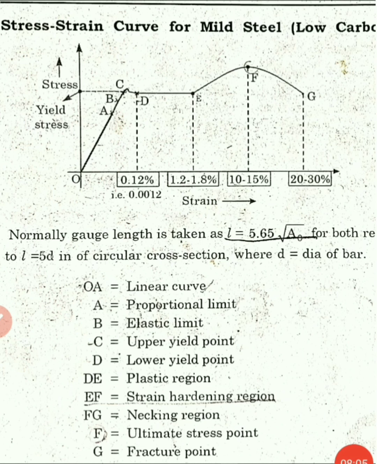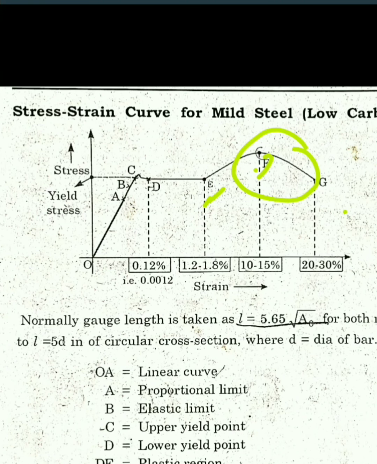Now come to the curve FG. We can see the value of stress is increased to F from E. Right. Now what happened in the FG curve? The material has undergone stiffness in the region EF. So when the stress is increased, there is a region called necking.